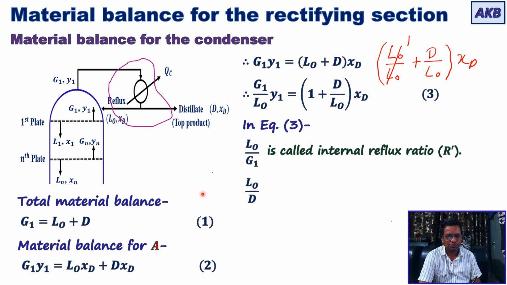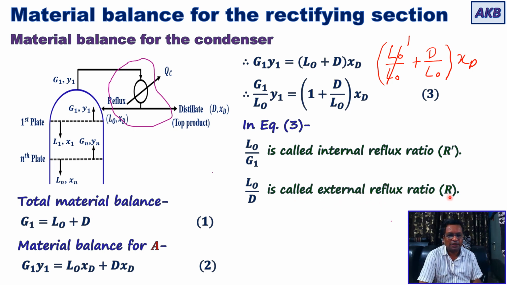Whereas the other ratio, L0 upon D, is the external reflux ratio, and we are going to denote that by R. So at this point we have understood two different reflux ratios. One is L0 upon G1, which is the internal reflux ratio, denoted by R dash, and the other is L0 upon D, which is the external reflux ratio, denoted by R.